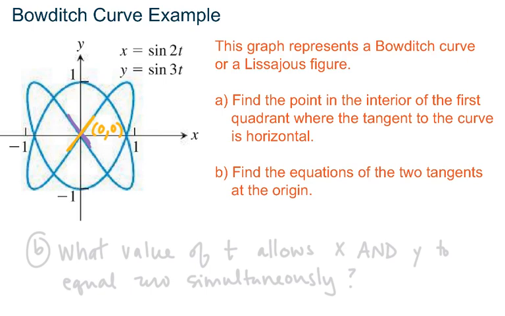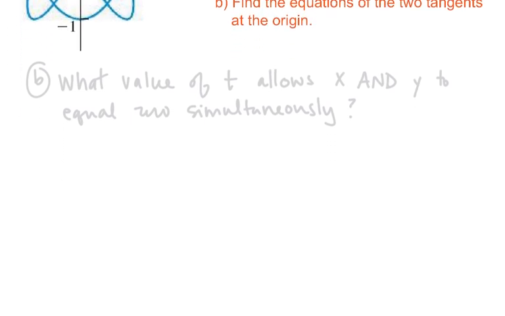So we need to figure out what numbers to plug into our equation for t that are going to give me a 0. And with a little bit of thought, we can determine that that's at t equals 0 and at t equals pi. In this case, we would need to evaluate our derivative dy/dx for t equals 0.